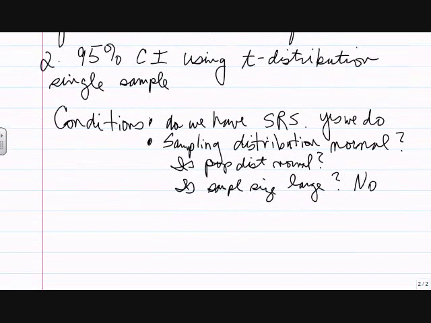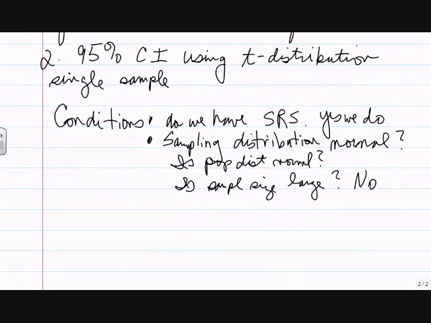The next way to answer whether the sampling distribution is going to be approximately normal is to look at the sample distribution, and what we'll want to do is look at a graph.